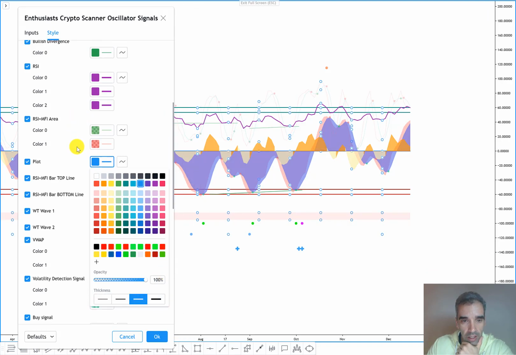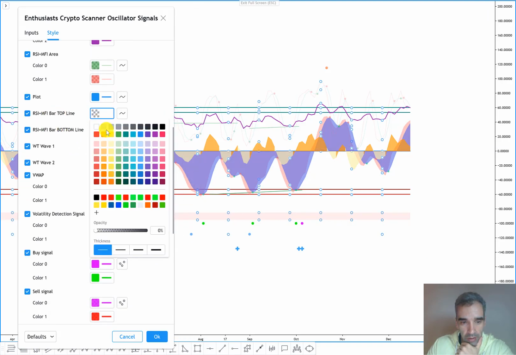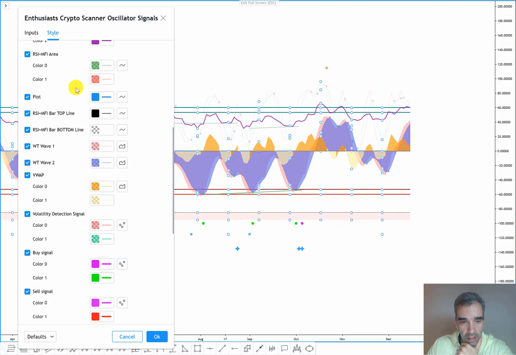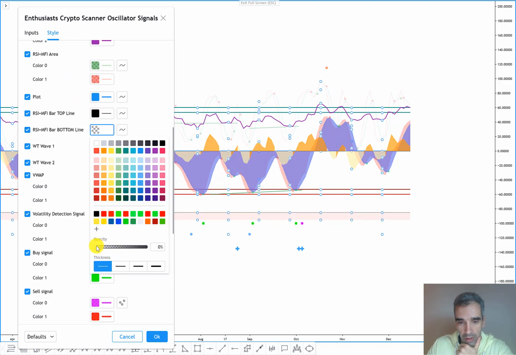So our RSI lines, we come here. We have the RSI lines here at the bottom. These lines here are our RSI and MFI top and slow bar. So when we have crosses from that green and red lines, we plot signals here as well. When we have bullish and bearish divergence, we plot signals here.